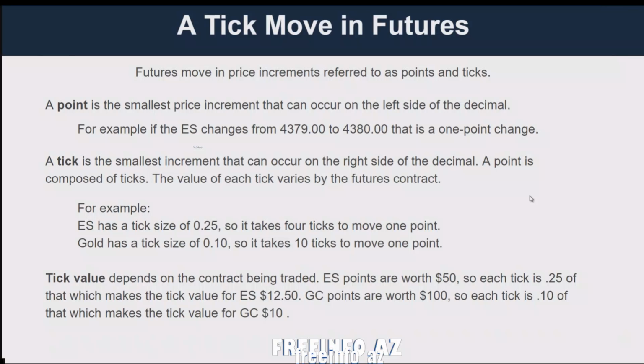Each individual contract has its own tick and point value. But if you know the top three, if you know the S&Ps, the NASDAQ, and something like gold or maybe crude, then the rest will become more like muscle memory. You'll see the point and go, okay, that's going to trade at a 0.25 or something like that.